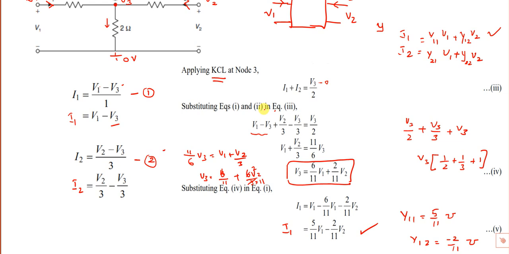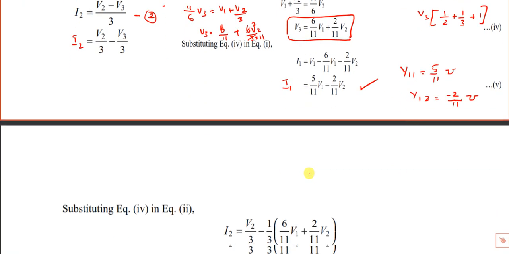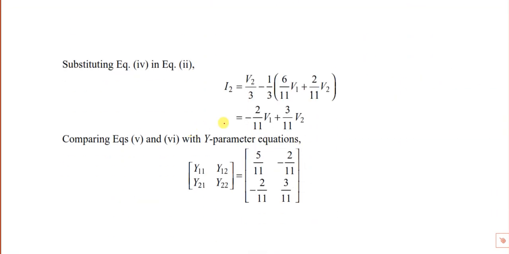Similarly, if I substitute the value of V3 in equation number 2, we are going to get another two parameters. Similarly, substitute the value of V3 in equation number 2, V2 by 3 and V3 by 3. Now you substitute here, you will get V2 by 3, and 1 minute, I will do once again.